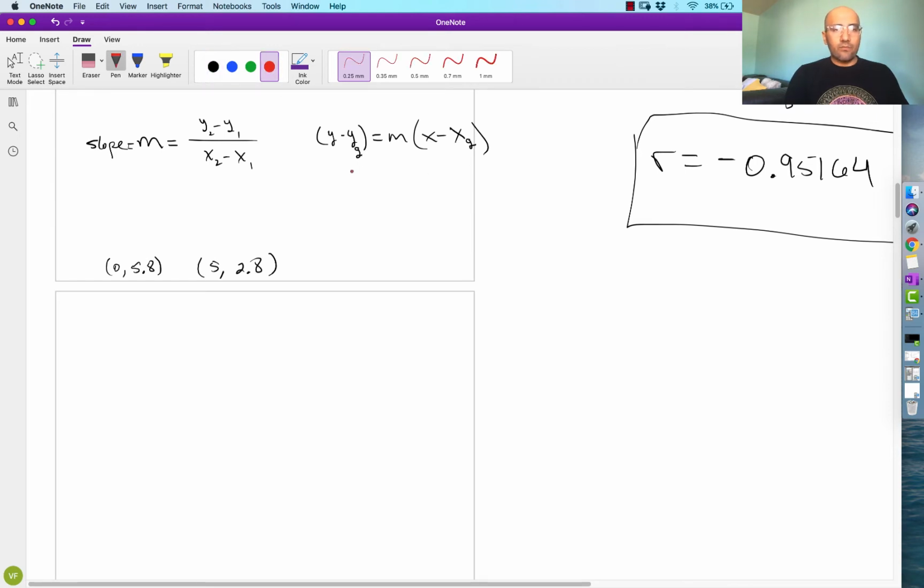So you need one ordered pair and the slope. That's one way to find your equation. The other popular formula is y equals mx plus b, where m is the slope and (0, b) is the y-intercept.